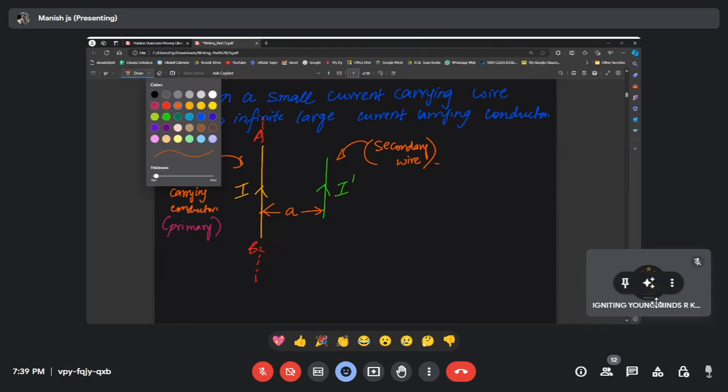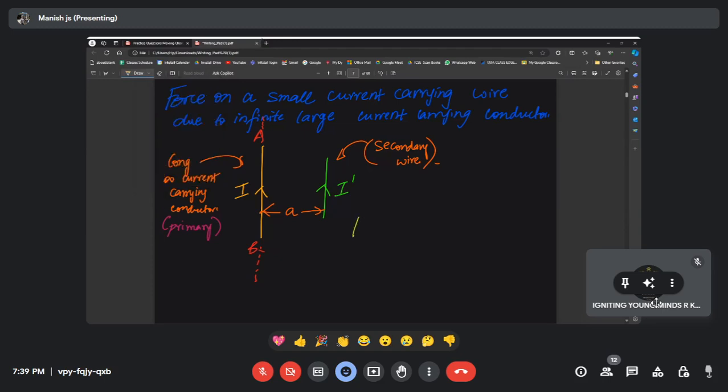So the force is given by the expression. Whenever you have cases like this, the force experienced F is given by mu naught, a constant, times the current I flowing in your infinite conductor, upon 2 pi a, into your secondary conductor's current I dash, times the length of your secondary conductor.